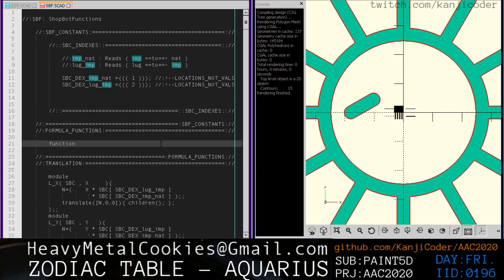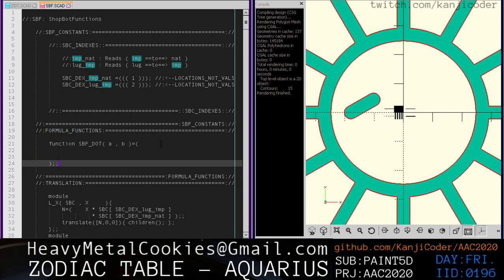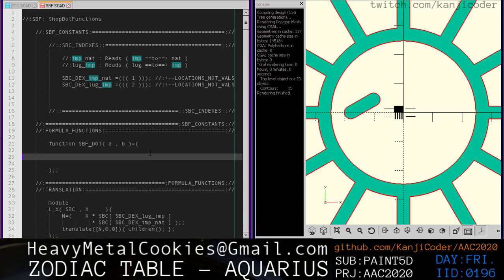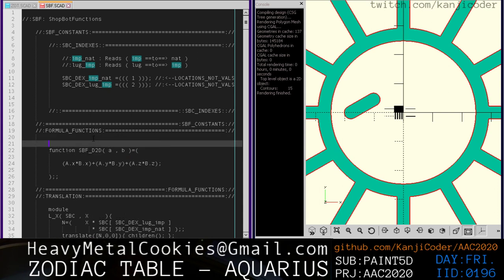So function SBF shotbot functions dot. So SBF dot, okay, and we'll have an A and a B equals, no squiggly brackets for a function like this, and we have something like this, but this is not a dot, this is dot 2D, so dot product 2D, right?